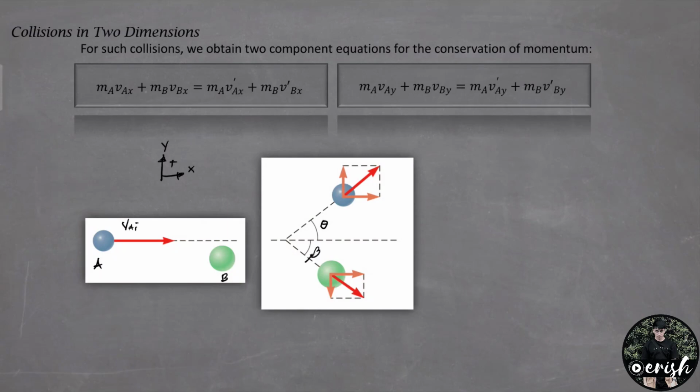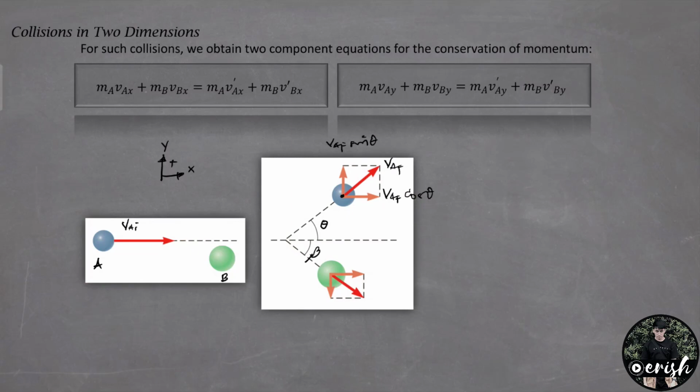Object A went in this direction and its velocity is no longer directly along the x component or the y component, with an angle for its velocity. Say this is the final velocity of A, and we take its components: final velocity of A cosine theta, and final velocity of A sine theta.